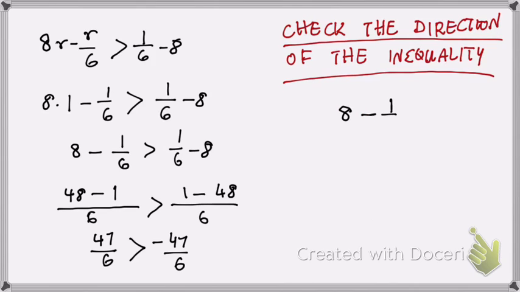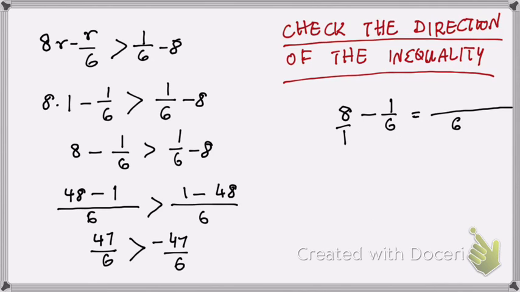Okay, 8 minus 1 by 6. So 8 minus 1 by 6 is the same as 8 divided by 1 minus 1 by 6. If you take 6 as the LCM, you have to have a common denominator to perform this operation.